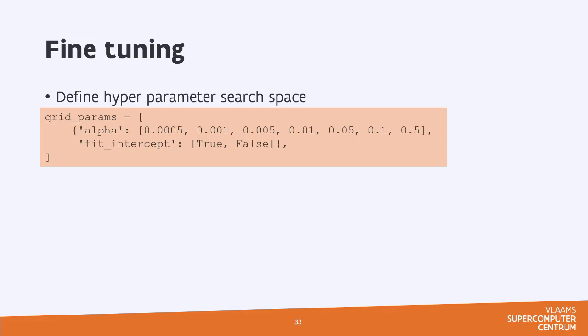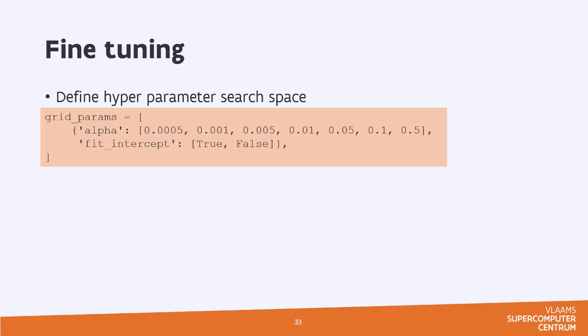In this case that would be 7 values, and the 2 Boolean values. They form a 2D grid with 14 entries. So 0.005 for alpha, combined with true, combined with false. 0.001 for alpha, combined with true, combined with false, and so on. So that gives you a total of 14 combinations.